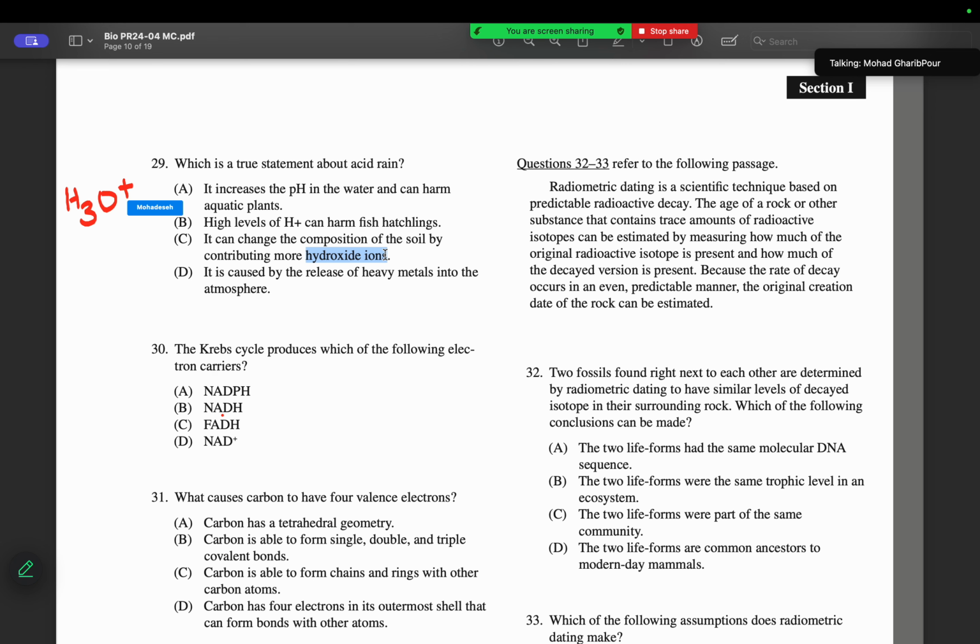This is called hydronium. Okay? This is called either hydrogen ion or proton.